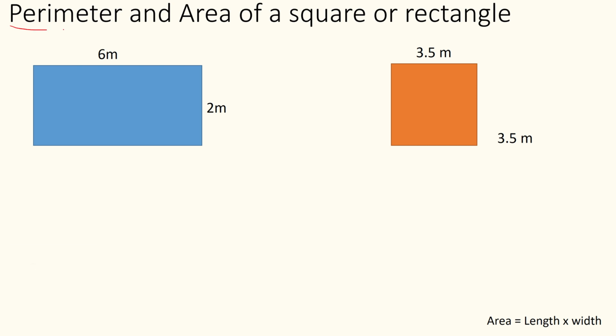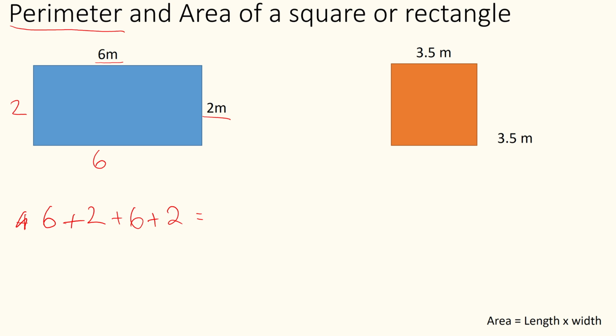Right, there we go. So perimeter, we are just adding the distance all the way around the shape. So let's take the blue rectangle. The first one I'm going to add is 6 meters. And then we're going to add the 2 meters on. And then because this is a symmetrical shape, the bottom edge is 6 and the edge on the left-hand side is 2.